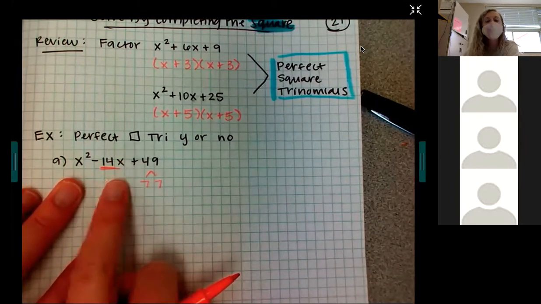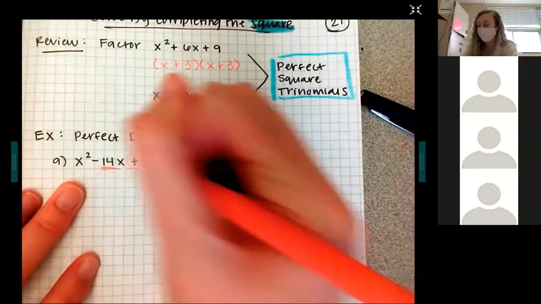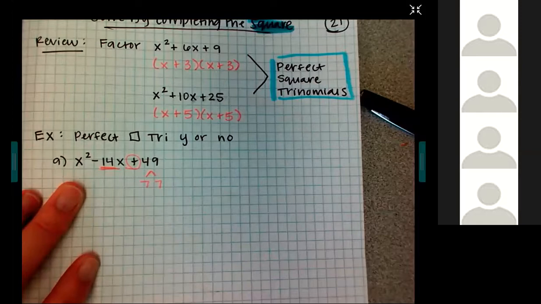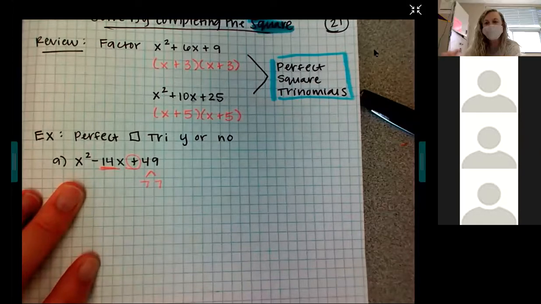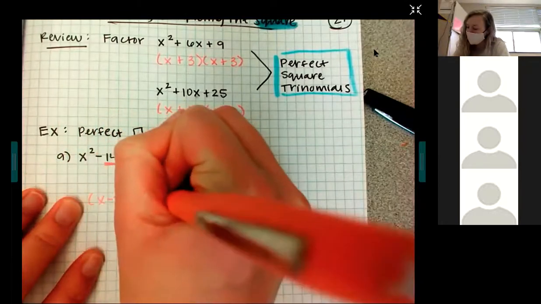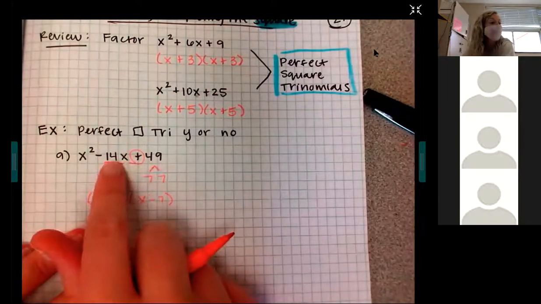All right. How would you factor this? What would we write? X minus 7 times x minus 7. Good. Carter, good job. All right. X minus 7 times x minus 7, because it's a negative 14.